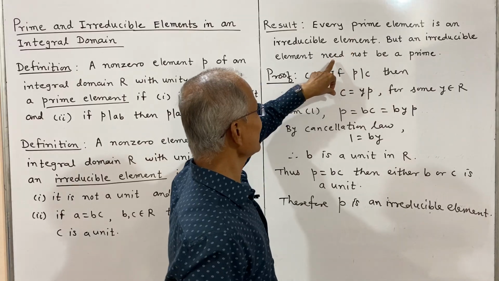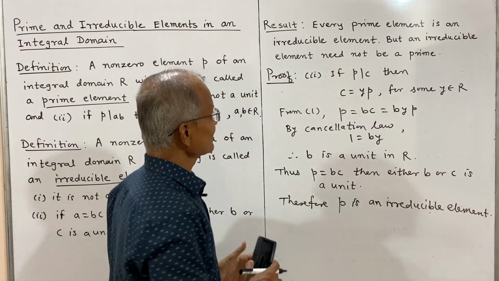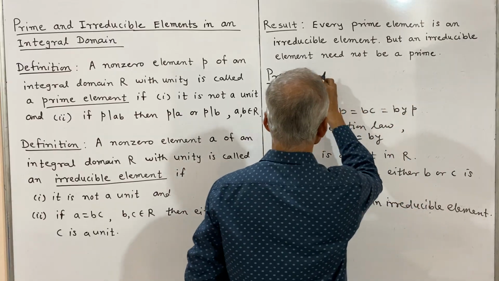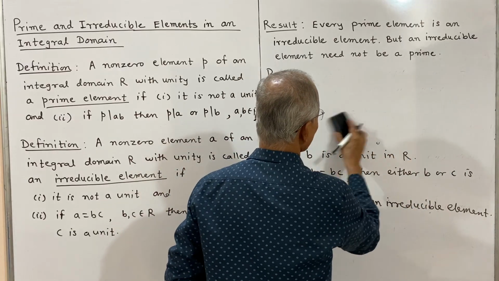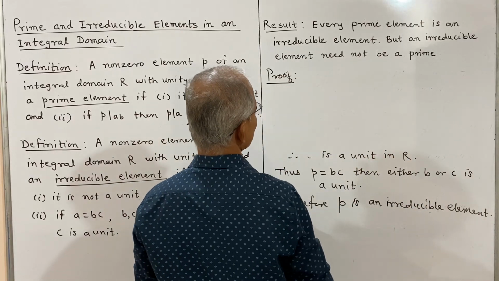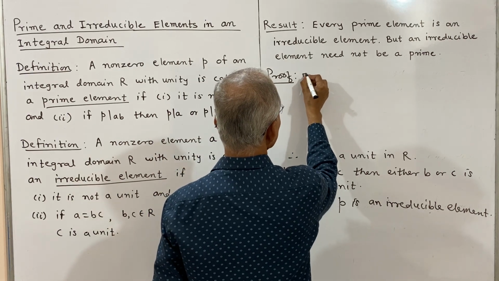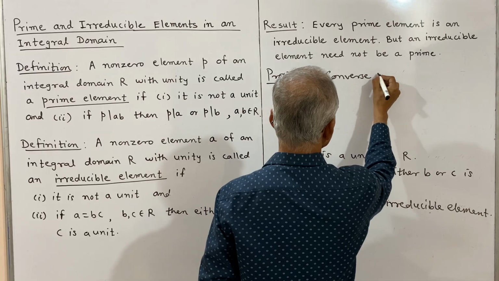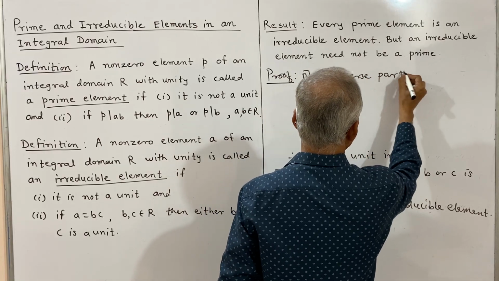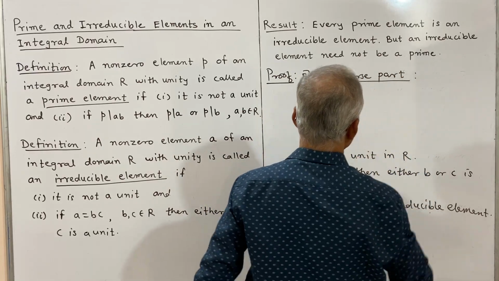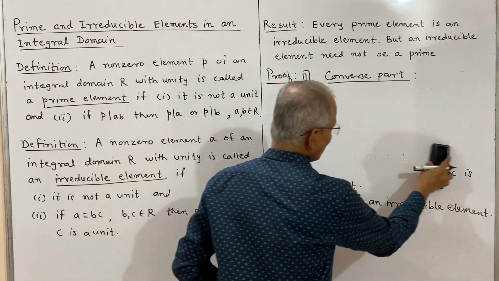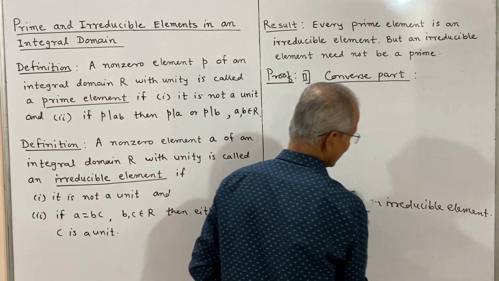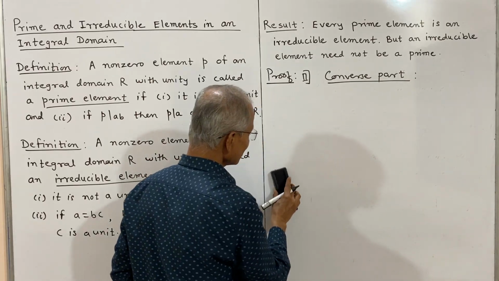An irreducible element need not be a prime. That we will consider as a second part, the converse part. To prove the converse part, that an irreducible element need not be a prime, now consider an integral domain.